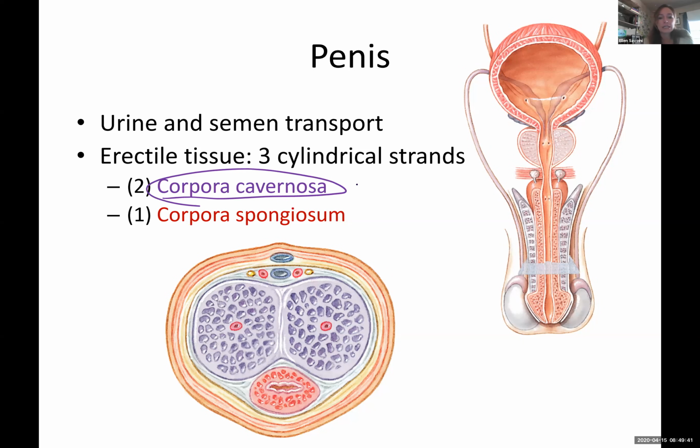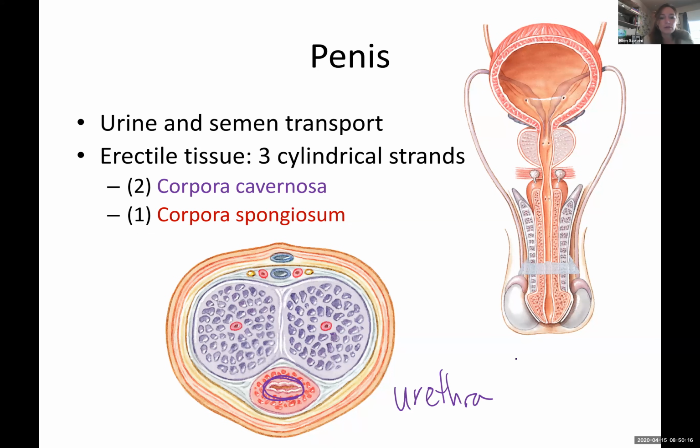So how an erection takes place is blood flow comes in, but then fluid from the blood radiates out into this cavernosa space, and that's ultimately what inflates with blood, and that's ultimately what creates the erection. Now notice we have corpora spongiosum down here that's sort of surrounding the mouth area. Again, this area right here that looks like the mouth is the urethra.